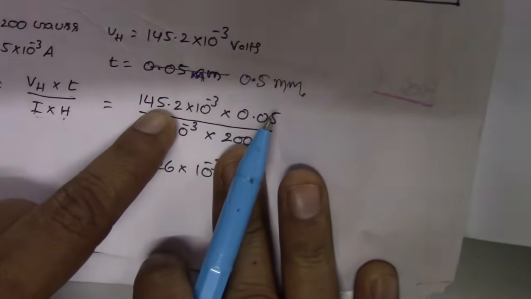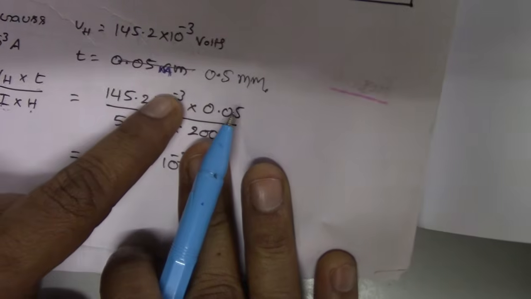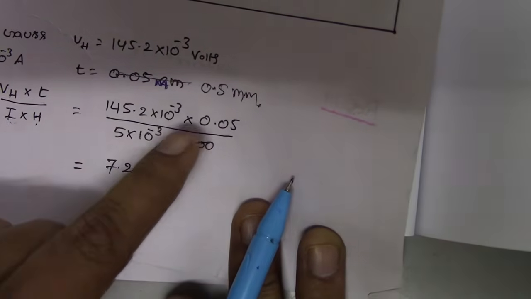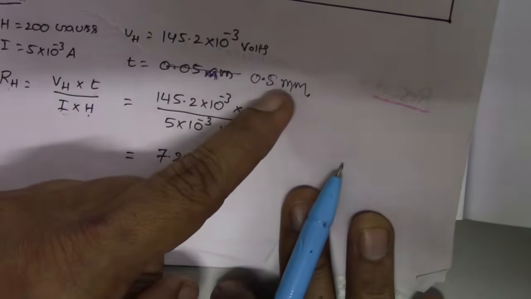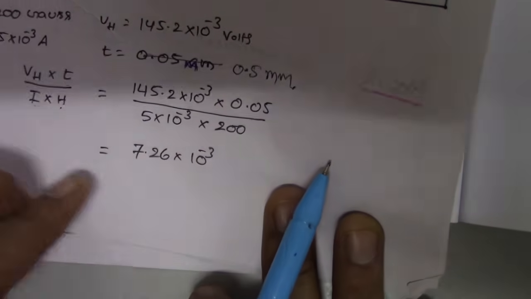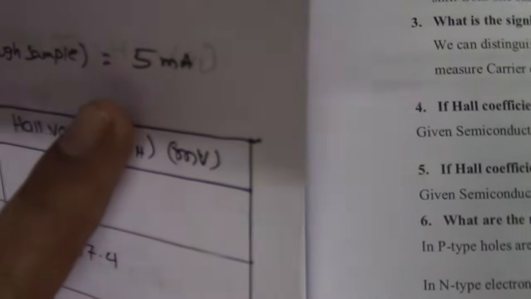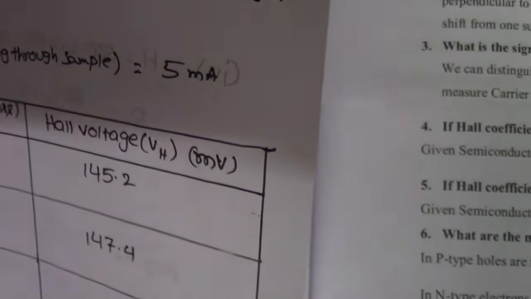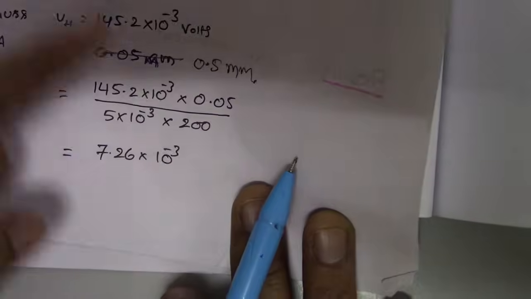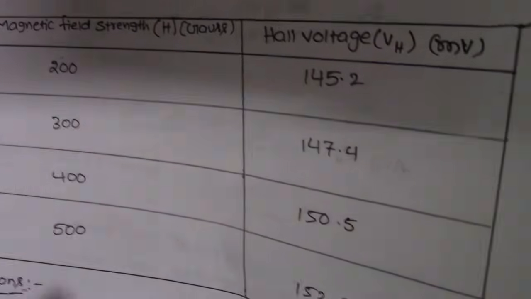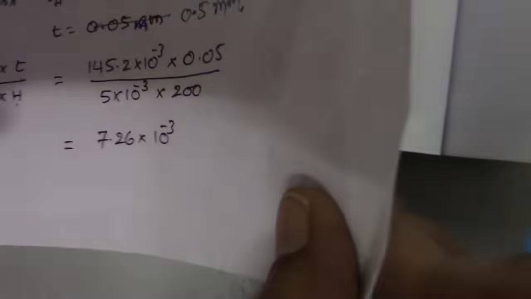So substitute 145.2 into 10 power minus 3 volts since it is in millivolts, and T is 0.05 centimeters, because Gauss is not an MKS unit. So we have to convert this mm into centimeters, and I is the current passing through the sample. As we have taken 5 milliamps, again 5 into 10 power minus 3 amps. So that's why we have taken 5 into 10 power minus 3 into 200. H is 200 for the first step. So we got the Hall coefficient as 7.26 into 10 power minus 3.